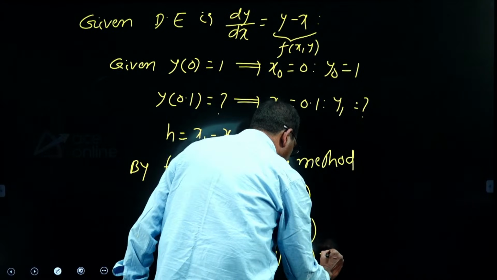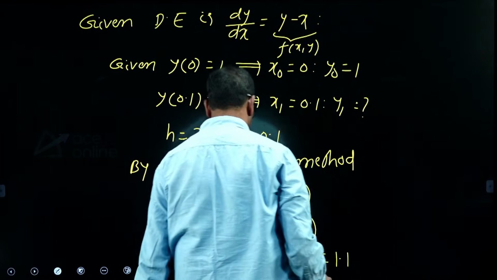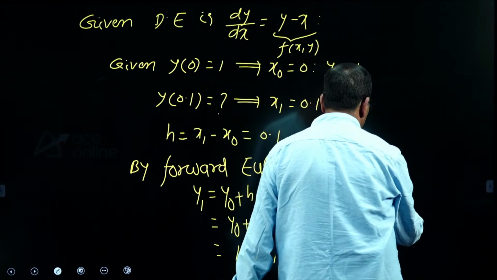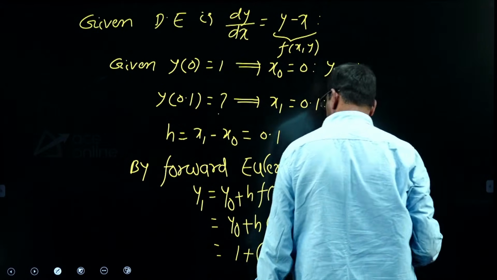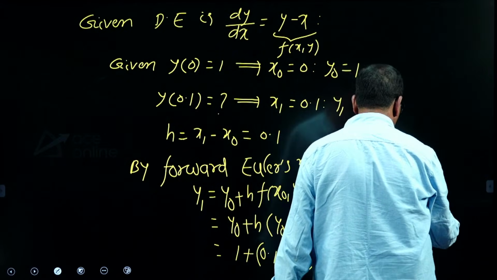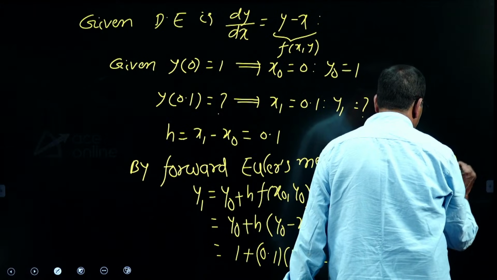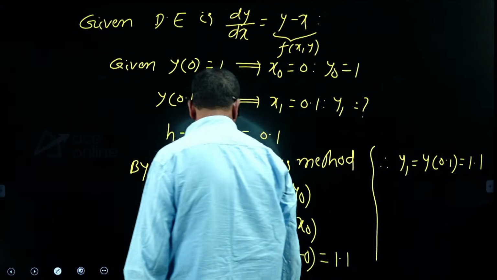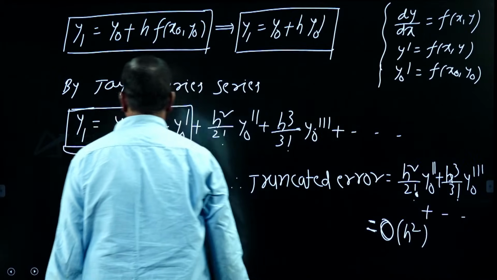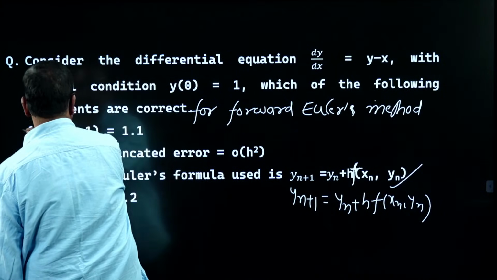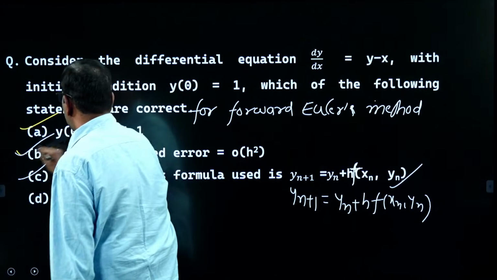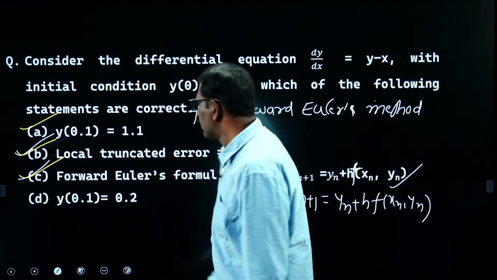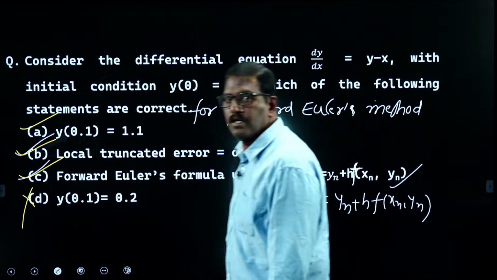So, 1 plus 0.1, 1.1. Therefore, y1, that is y of 0.1, is nothing but 1.1. Is it? So, option A is also correct? Option A, option B, option C, all these three are correct. So, it is wrong. Understood?